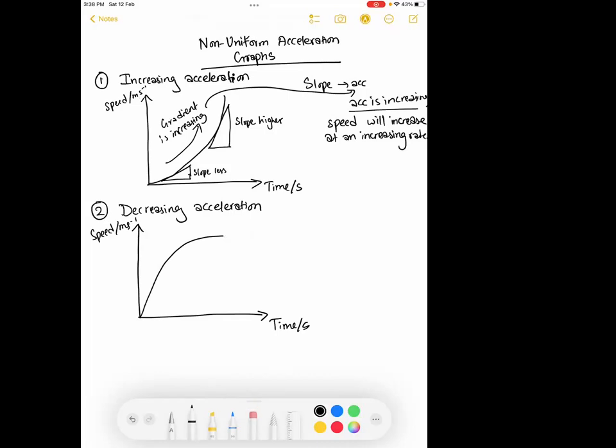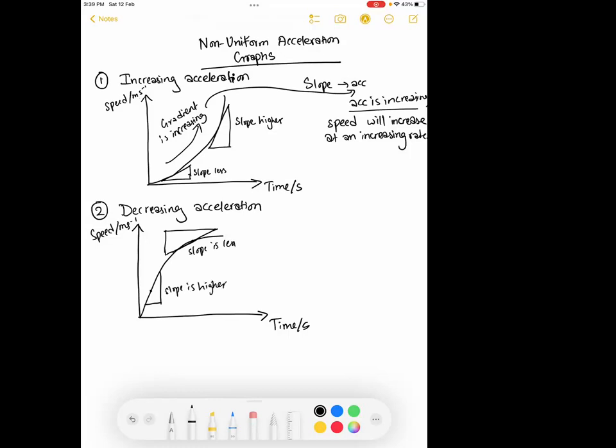Now, again, if you try to draw a slope triangle, like if you try to find the gradient at this point, and then try to find the gradient at this point, which looks like this, you'll find that the slope over here is less and the slope here is higher.